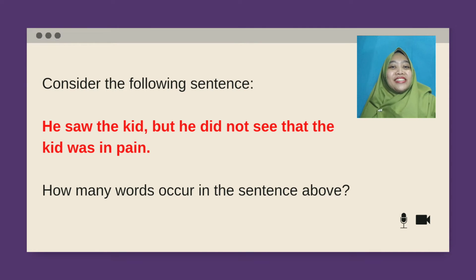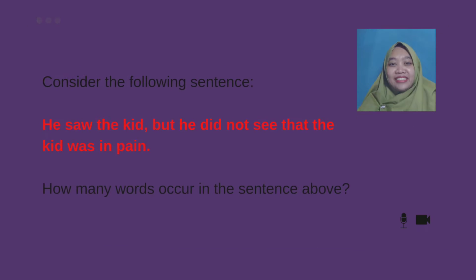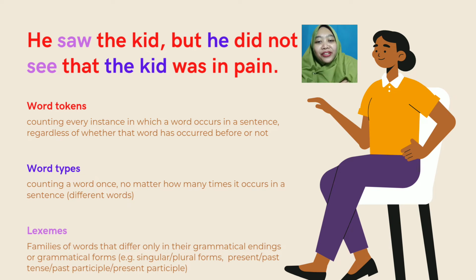Alright everyone, let us now consider the sentence in the slide. He saw the kid, but he did not see that the kid was in pain. My question is, how many words are there in that sentence? Okay everyone, let's discuss the question that I gave you in the previous slide.